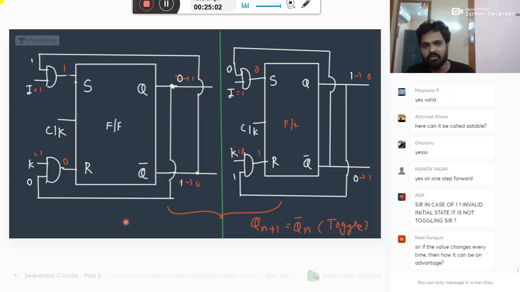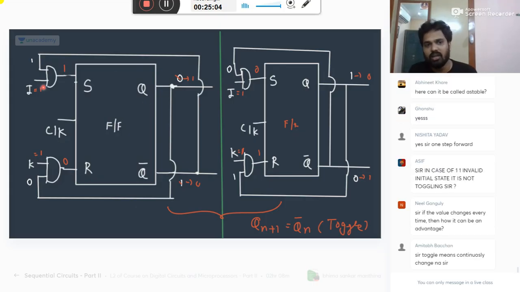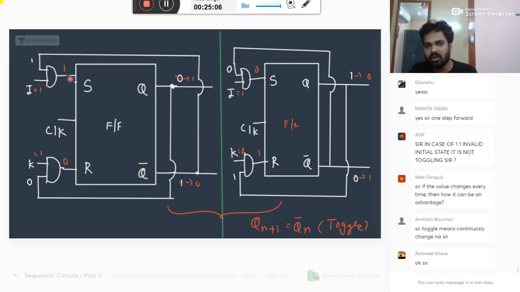If it is something initially, if it initially it is invalid case, it is already invalid. I am saying if it is a valid case, then you give 1, 1, it will give you another valid case only.